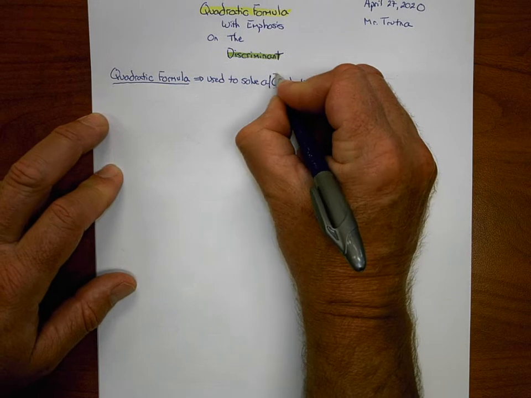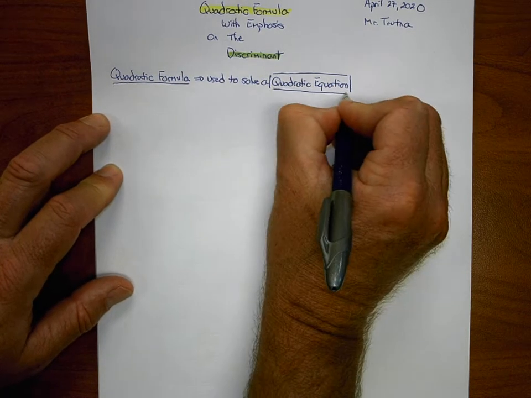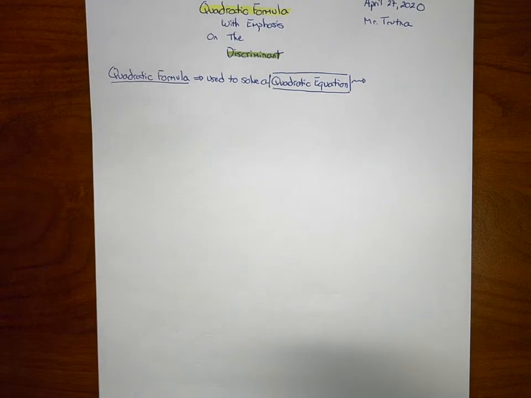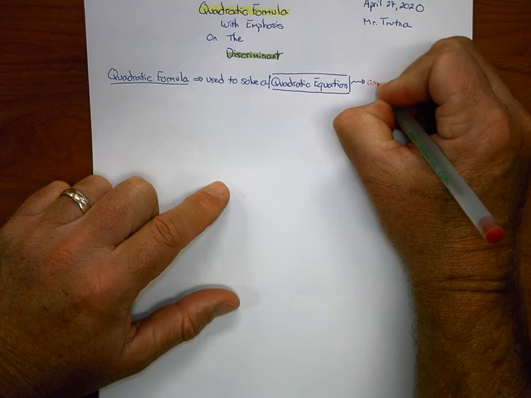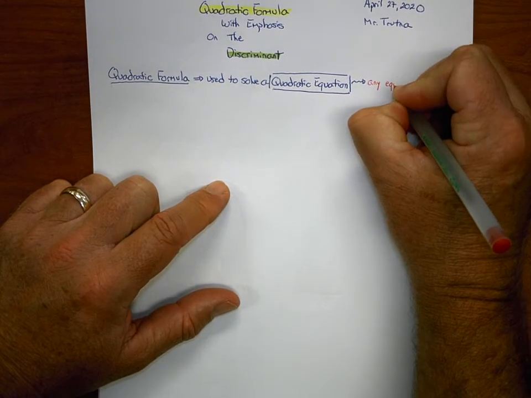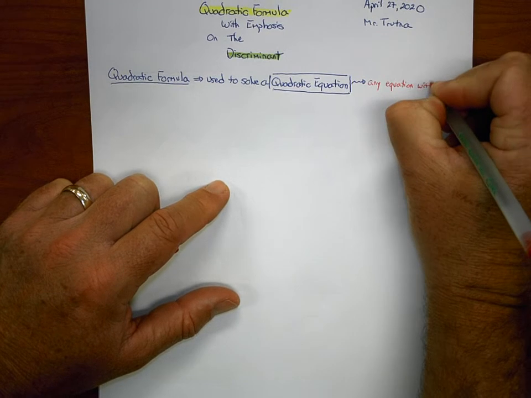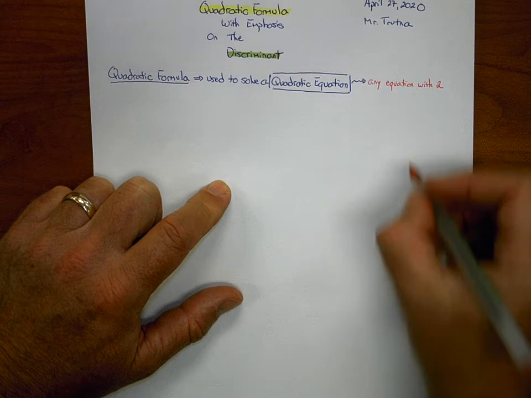Now, for point of interest, if you aren't quite sure what I mean by a quadratic equation, remember a quadratic equation by definition is any equation with two as the largest exponent.